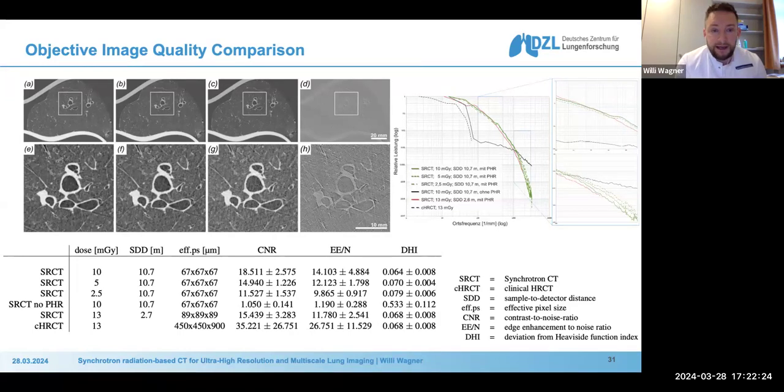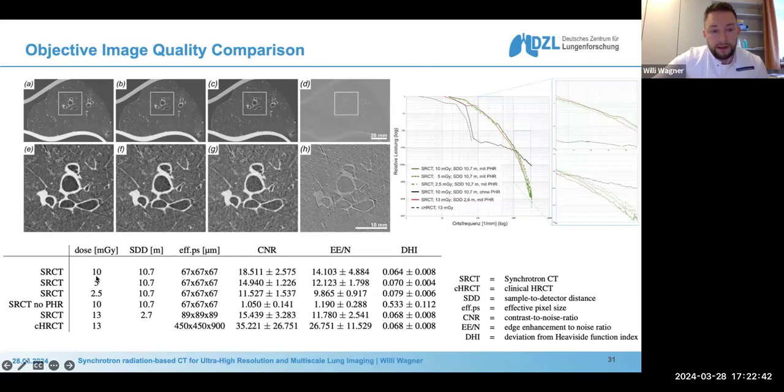And when we look at the numerical data, especially when it comes to radiation exposure, I want to show you this slide, where we simulated lower radiation exposure by using fewer rotations of the images that we acquired.